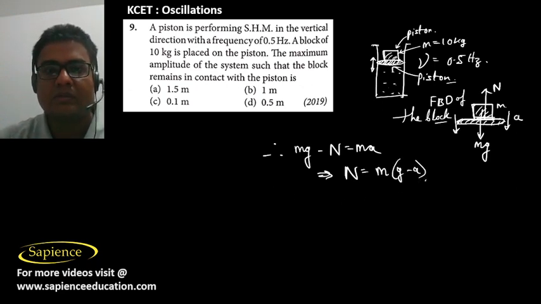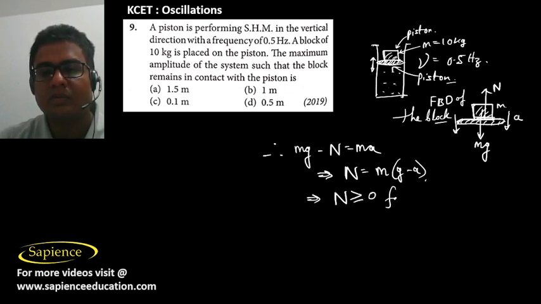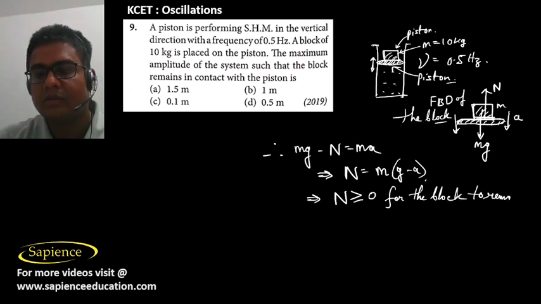Now it is told the maximum amplitude of the system such that the block remains in contact with the piston. So N should be greater than or equal to 0 for the block to remain in contact with the piston, since if the normal reaction is equal to 0, then the contact is lost.